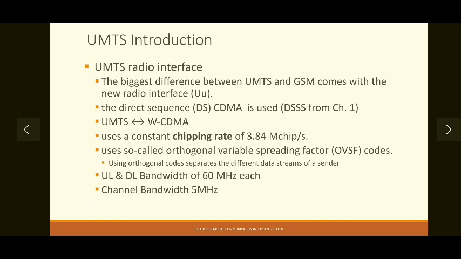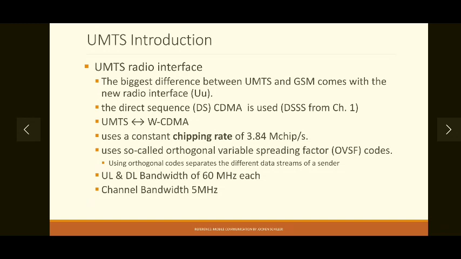So what are the changes in the radio interface? In UU or UMTS radio interface, direct sequence spread spectrum technology, which we have studied in the first module, is used for performing code division multiple access. A chipping sequence is used to spread the user signal over a larger bandwidth.